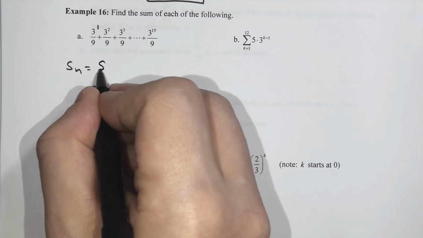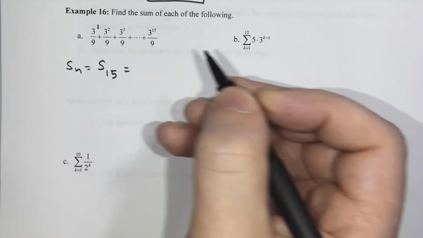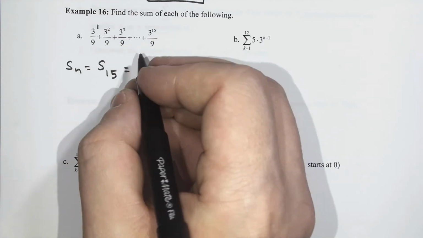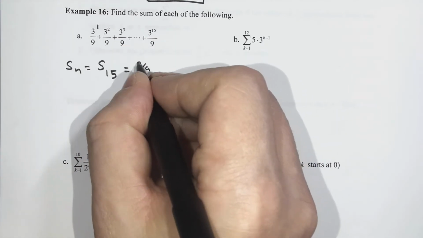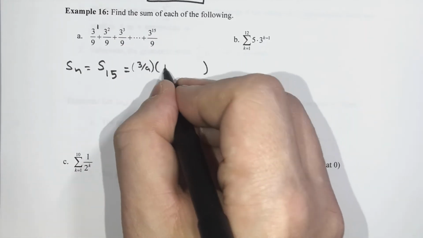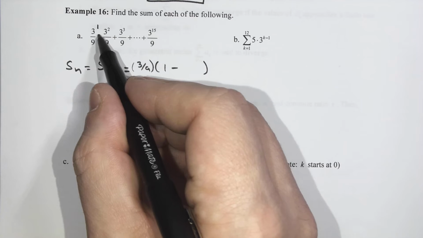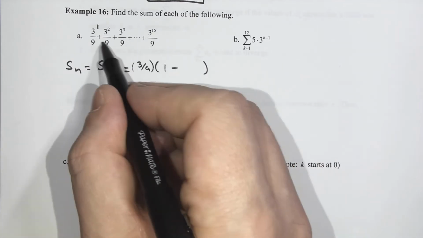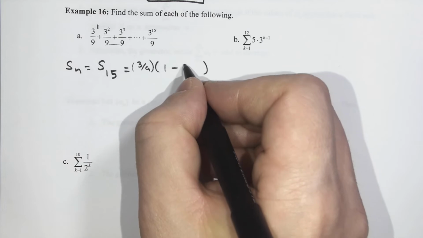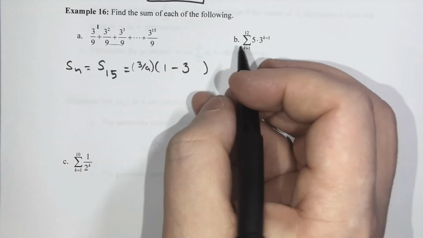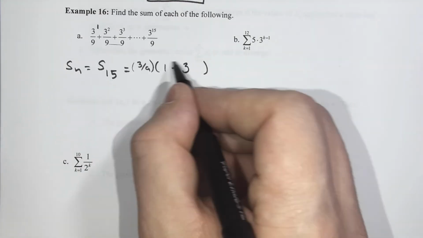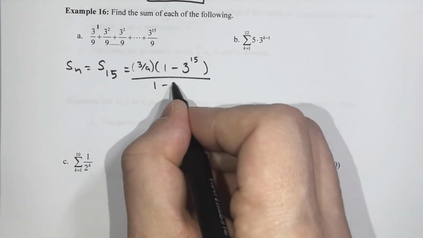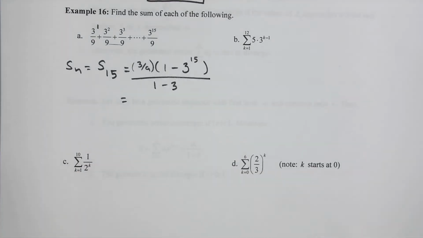So we want to add up the first 15 terms of the sequence, which would be a sub 1, the first term, 3/9, times 1 minus the common ratio. So I can see that I'm only multiplying the numerator, right? The denominator stays the same, so my common ratio is 3 raised to the power of n, which in this case is 15, and that's over the quantity 1 minus 3.